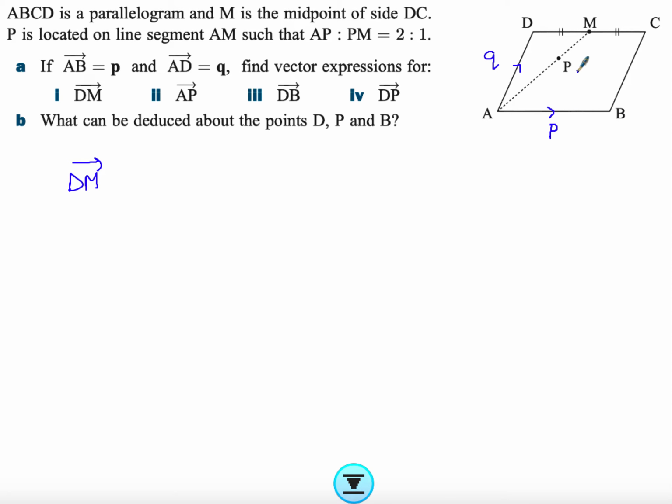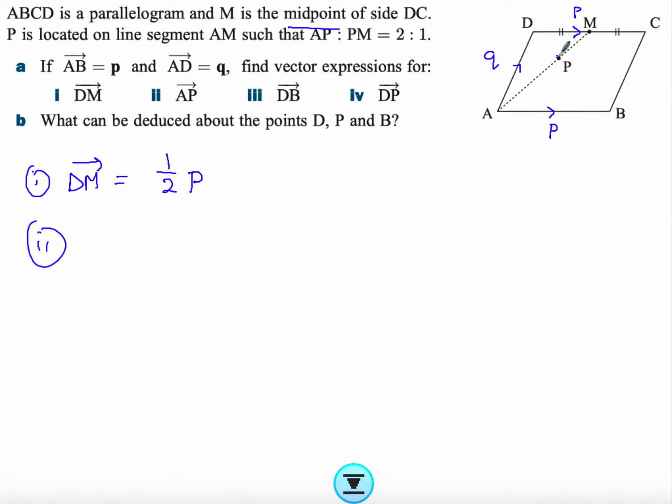So D to M would be half the distance of D to C, and D to C is equal to A to B. D to M would be half of P, because if this is P, then this will be P as well, and we're moving until the midpoint, so it's half of P. And so this is part I.